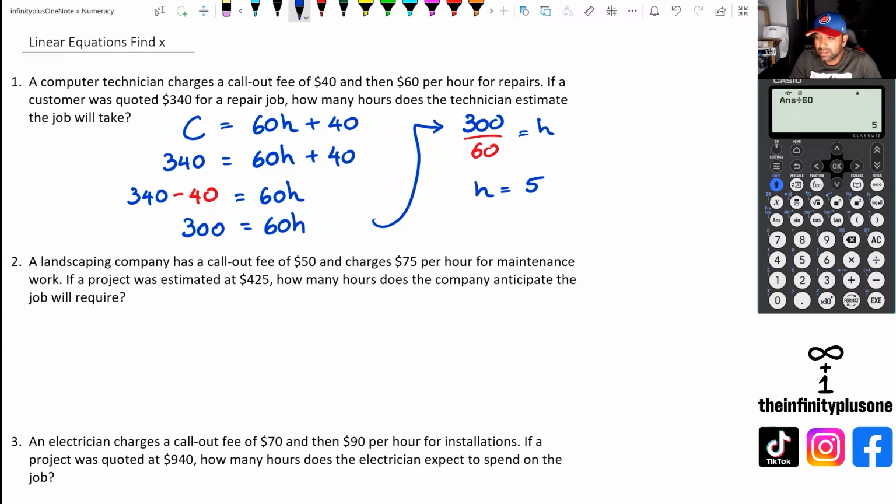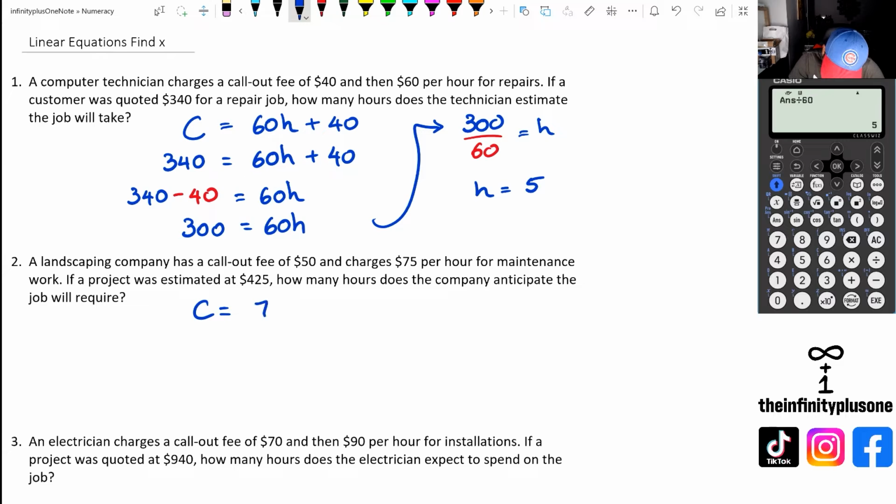I did show you how to do it on the calculator, but it's actually better to do this with the algebraic method because then you practice rearranging and writing equations.